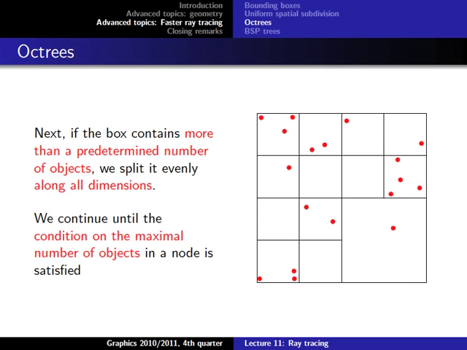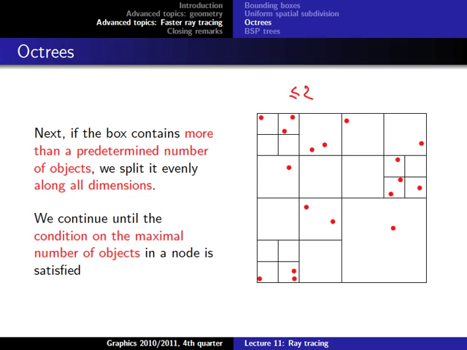So we split those here, and then we see these are all 2 or less. So we don't do any further splits here, but here we have 5, and here we have 3 and 3, so our condition is not fulfilled here. So we do another split here, and now we see that all the boxes have smaller or equal to 2 objects. So now we stop here, and you see that this is a grid that is not uniform, but it resembles much more the distribution of the objects.